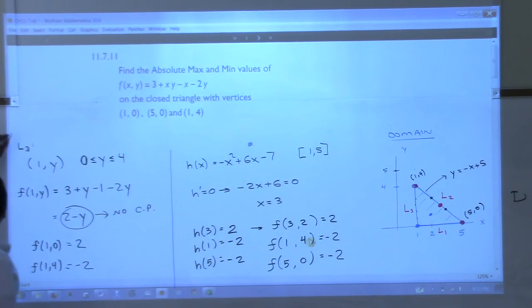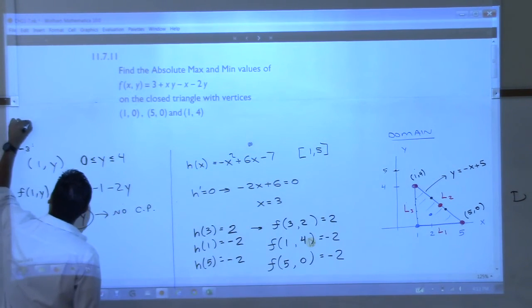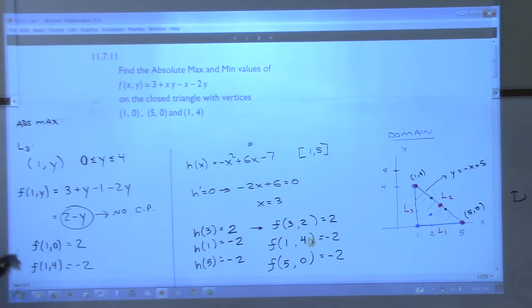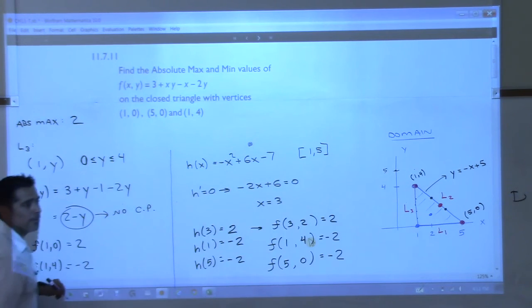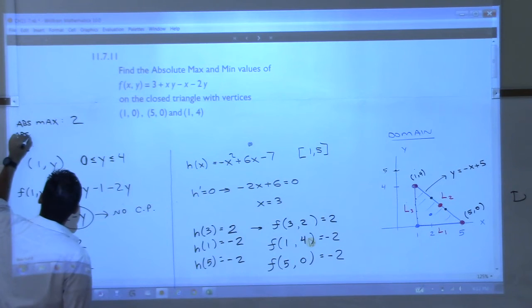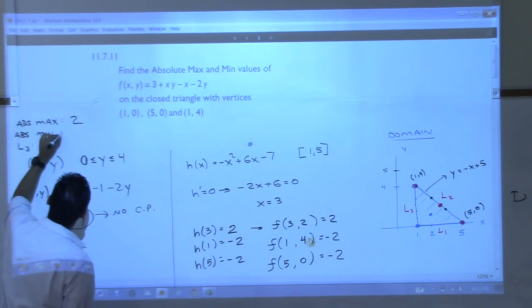What is the absolute maximum of this function on that triangle? The absolute maximum value is 2. Now, it occurs at multiple places, doesn't it? Yes, it does. What is the absolute minimum? -2. And that also occurs at several places? Yes.